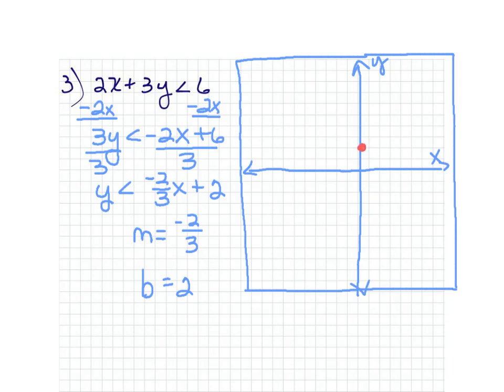My slope is negative 2/3. So let me draw a few points. Down 2 to the right 3, and I'll do it a few times. I want to go all the way across that square. Up to the left 3, and I'll do that a few times.